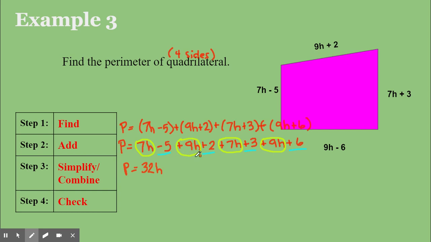Negative 5 plus 2 is negative 3. Negative 3 plus 3 is 0. And 0 plus 6 is 6. So the perimeter of this quadrilateral, four-sided figure, is represented by the expression P equals 32h plus 6.